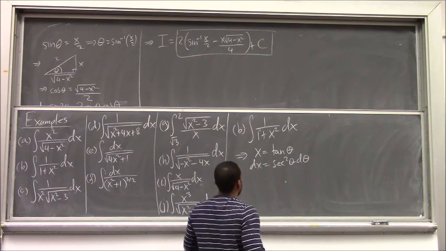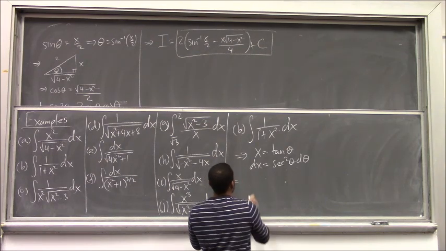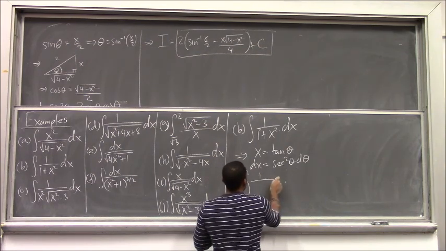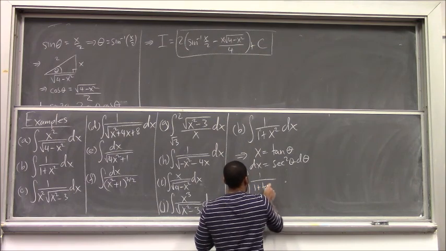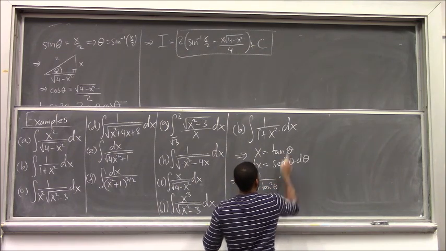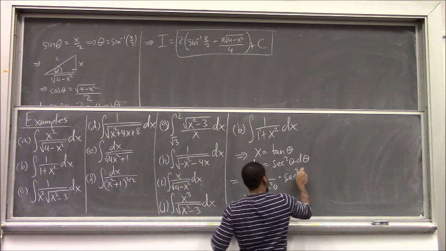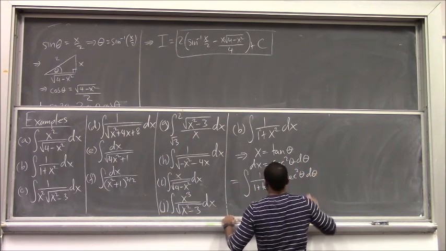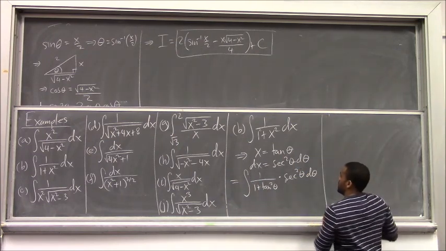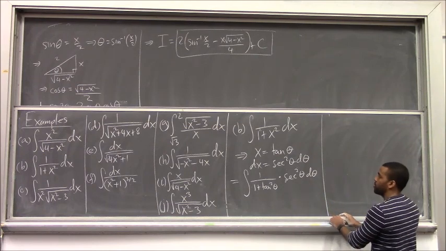And I'm going to actually now plug that in. So this integral is going to become 1 over 1 plus tangent squared times my dx, which is secant squared. And how can I do this integral?